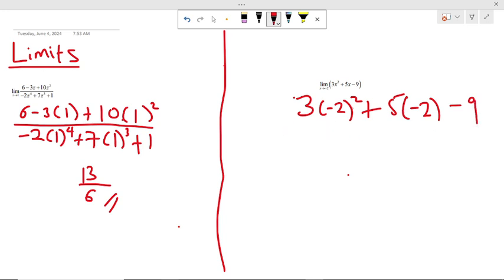So with this, you are going to get 12 minus 10, minus 9. Then we get our final answer to be minus 7.